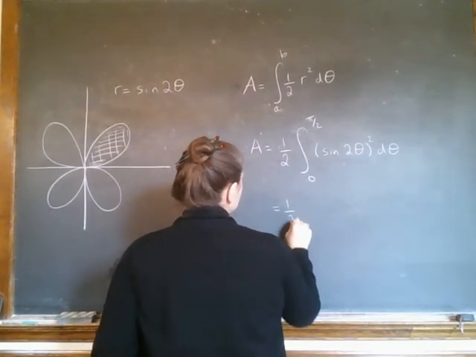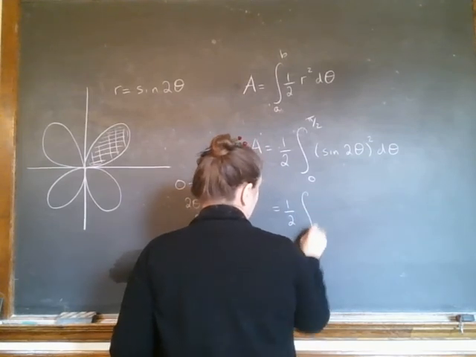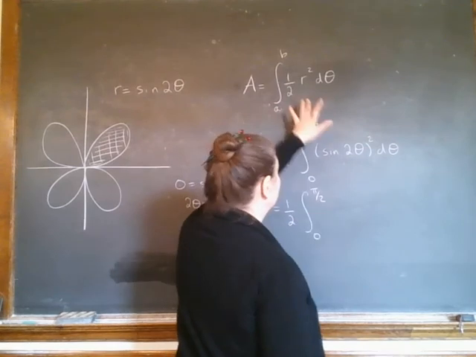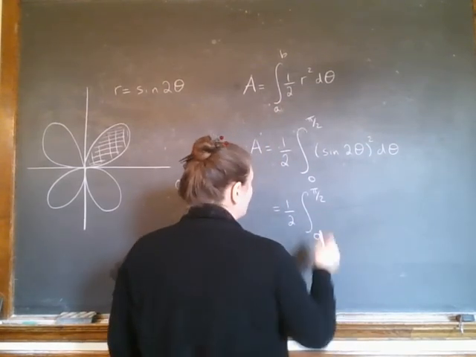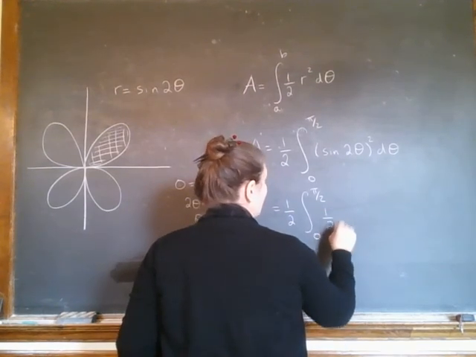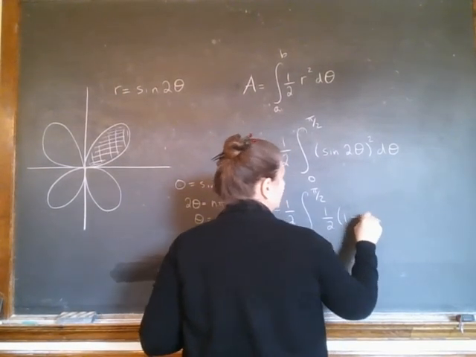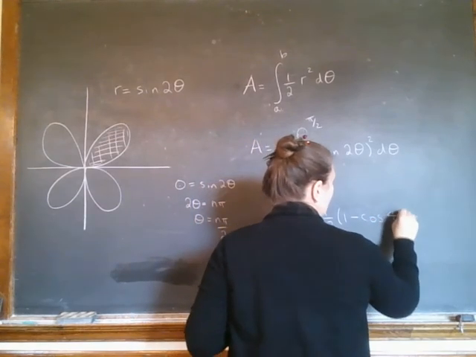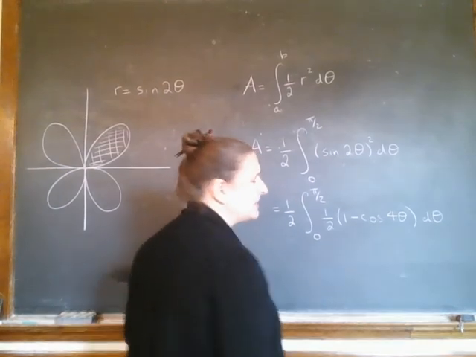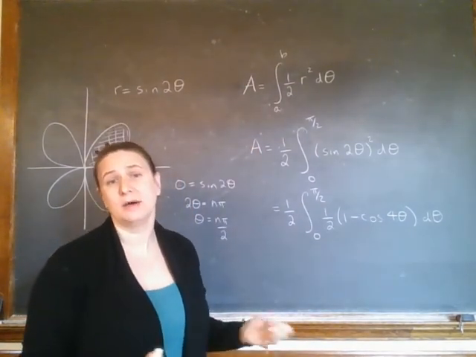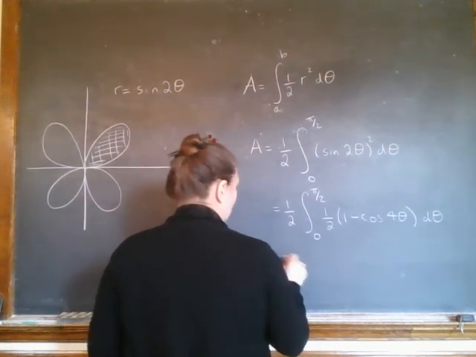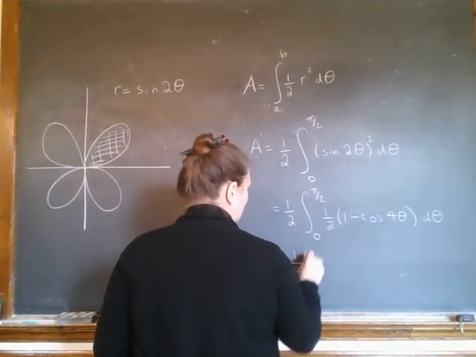Now, as you might recognize, because it is going to be something squared, you're going to have a lot of sine squared, cosine squared with these. There's going to be a lot of half angle formulas. So sine squared is 1 minus cosine, and the 2 goes to 4. So you might have to go back and review, because it's been a little bit of time since we did those, but hey, they're going to be on the final. So let's make sure that we know how to do those.